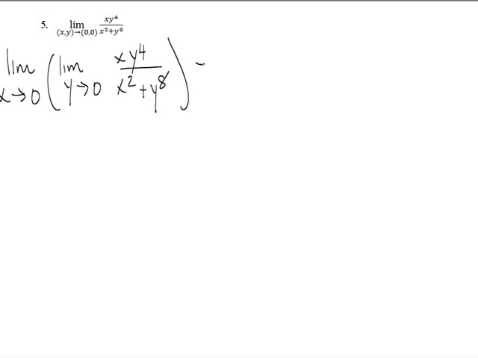Let's try something here. So you try the iterated limits. What did you get? 0, 0, right? So let me just write it down. That's 0.